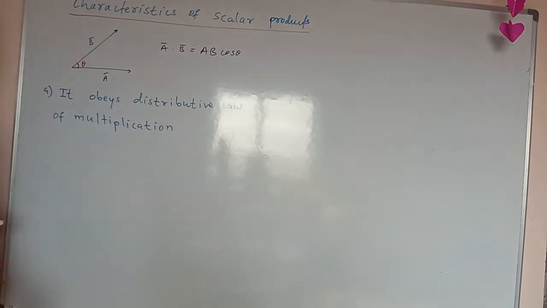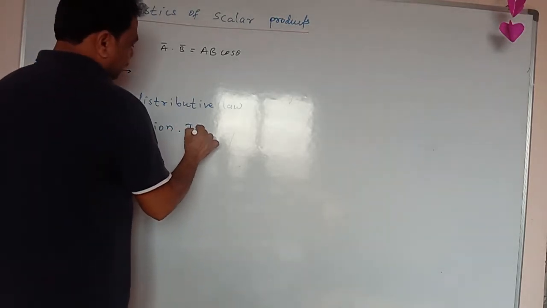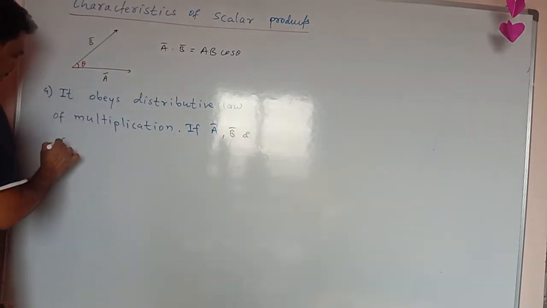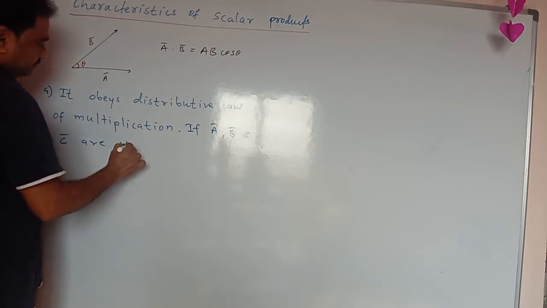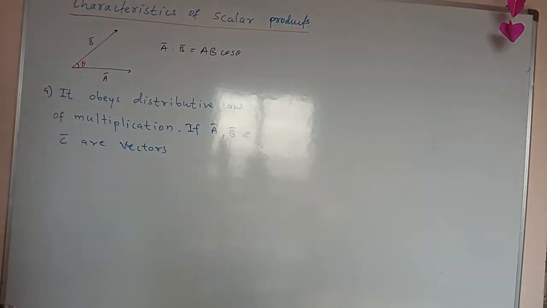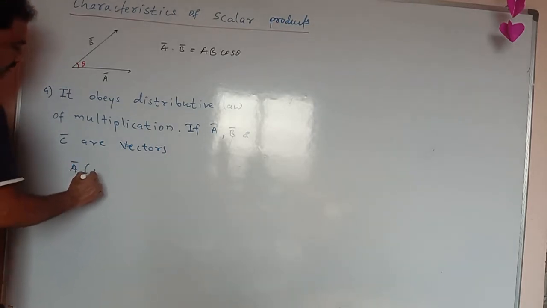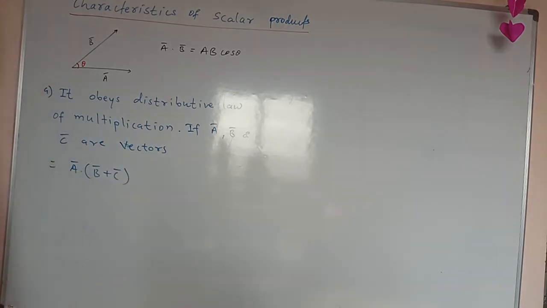If vector A, vector B and vector C are given vectors, then we can write vector A dot, in brackets, vector B plus vector C. How can we write this?